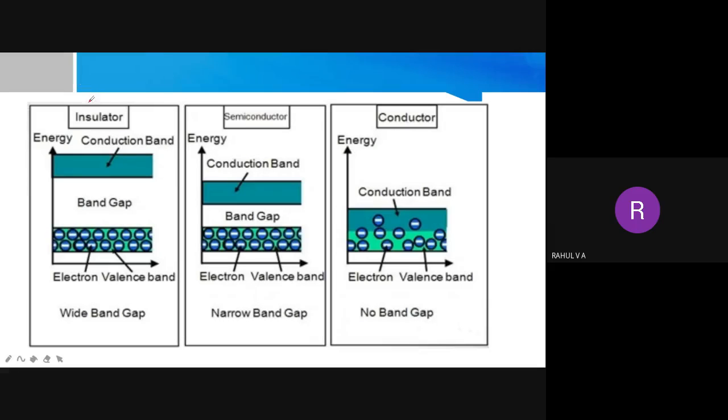This is the energy band diagram of insulator. This is the energy band diagram of semiconductor, and this one is the energy band diagram of conductor. Okay, so you can see that on the y-axis we have energy, and here this is called valence band. This is called conduction band.